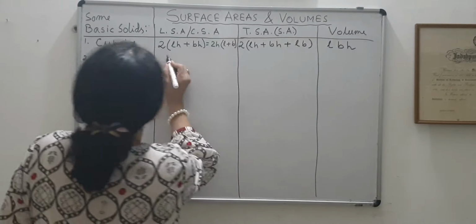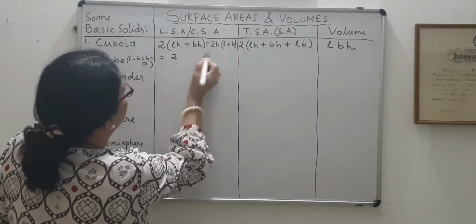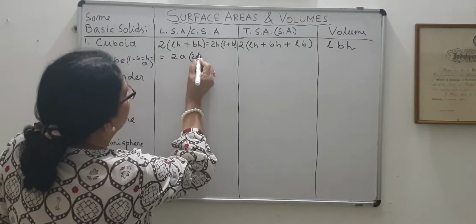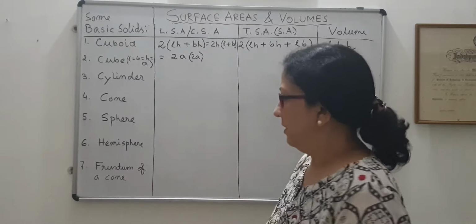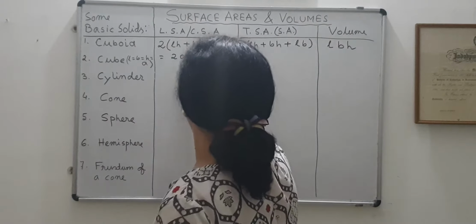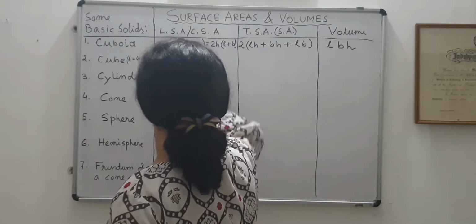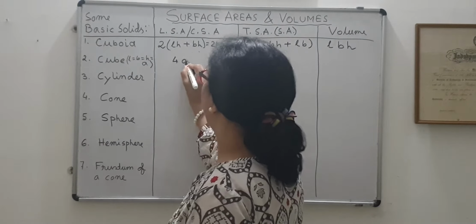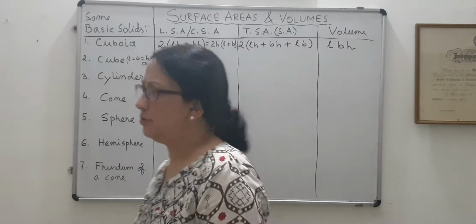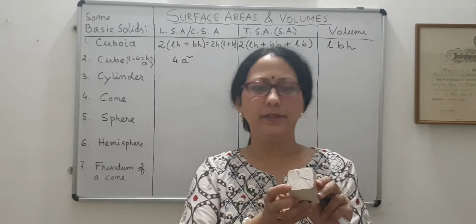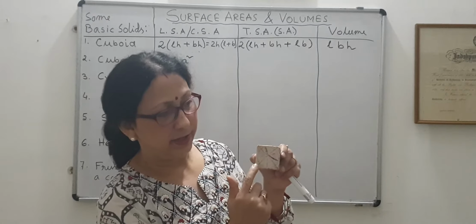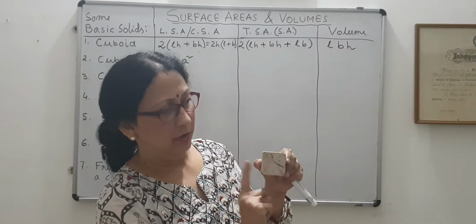So the lateral surface area will be twice of a into a plus a into a, which I can simply write as 4a². So for a cube, lateral surface area is 4a². It is also easy to remember, because in a cube each face is a square whose area is a².